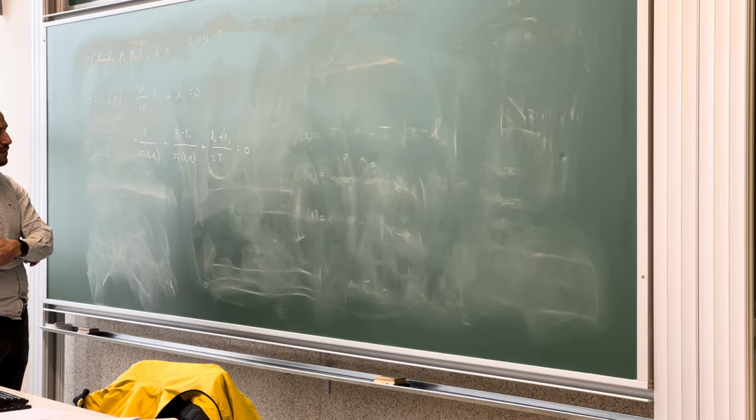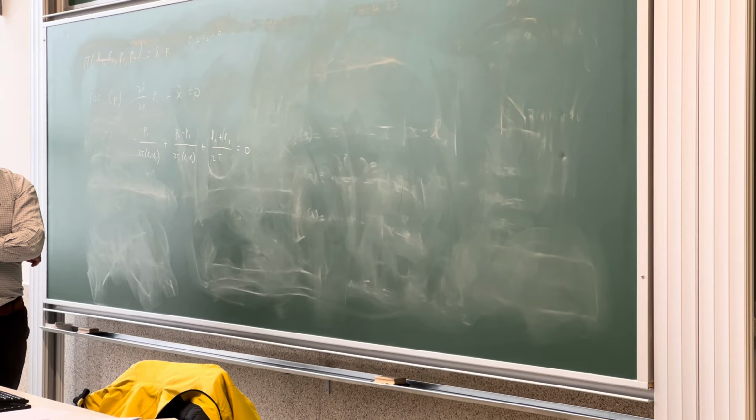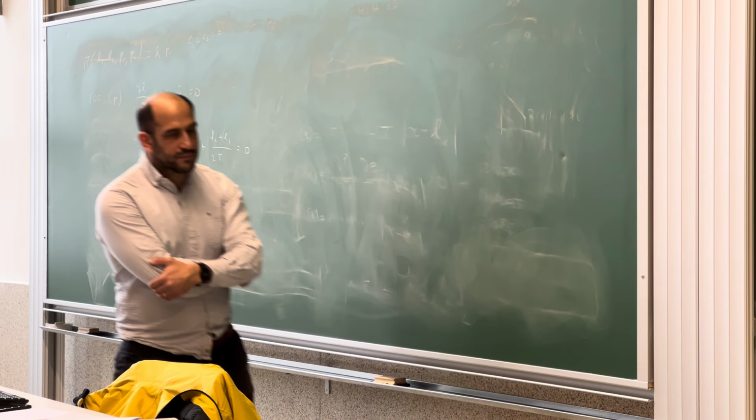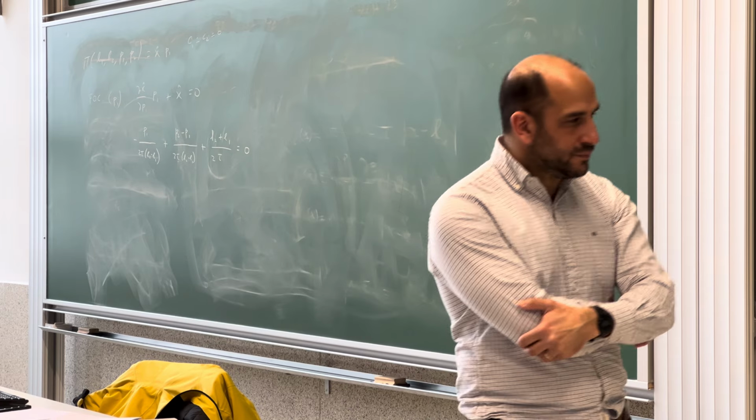Did I do something wrong? It's like the P1 cancels out. P1 cancels out, no? It's minus 2 P1, no? We have P2 over 2 tau, blah blah blah.